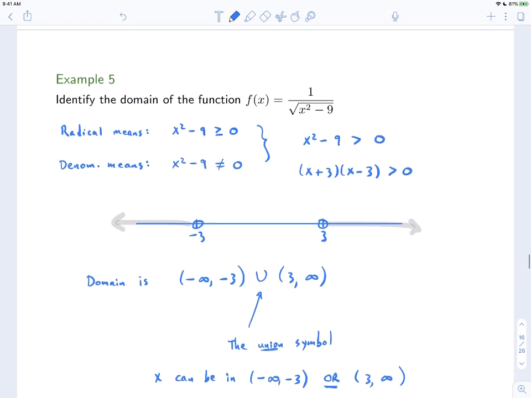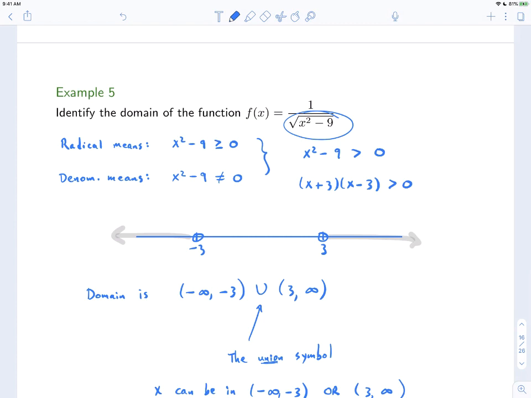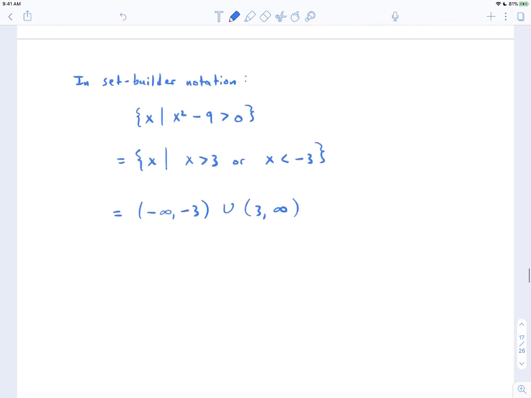If you plug in x equals 3, you're going to get a 0 in the denominator. So we cannot include 3 or negative 3. So this is set builder notation, and this is interval notation.